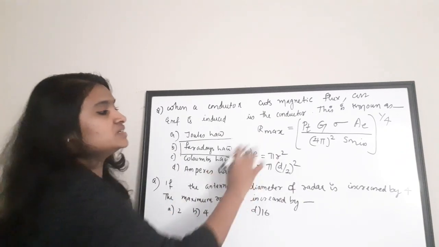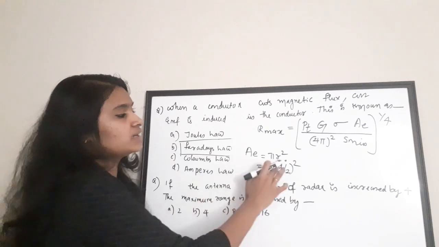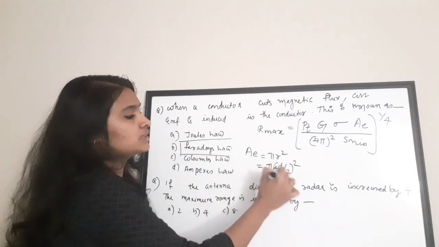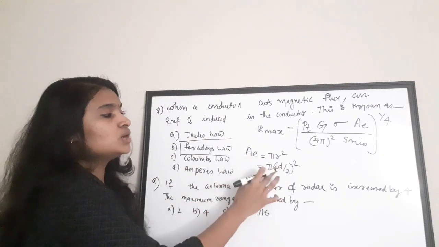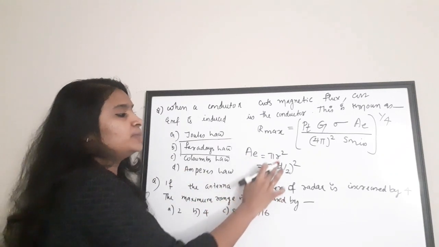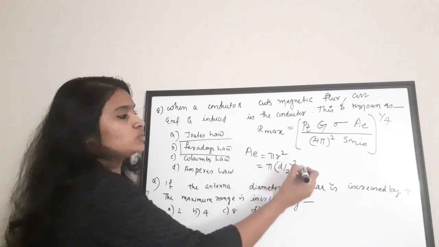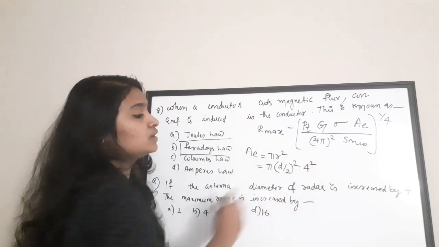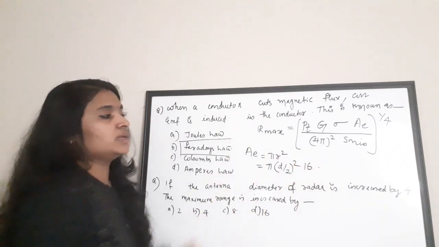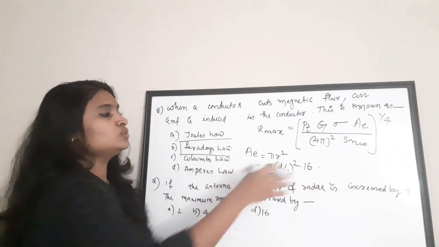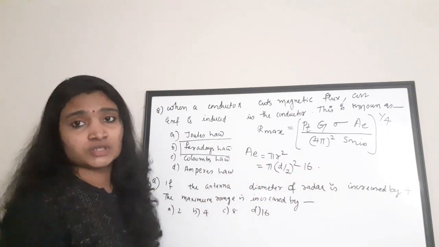So along with this diameter there comes a 4, that is 4d by 2 the whole square. We'll take the 4 square outside, so 4 square, or you can write it as 16. This is the new effective antenna aperture.